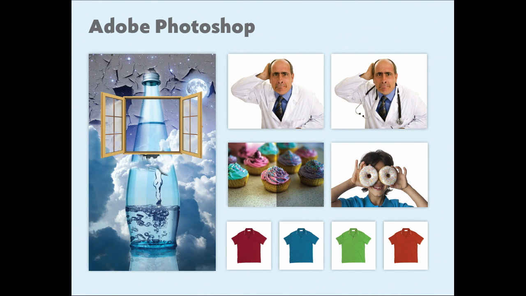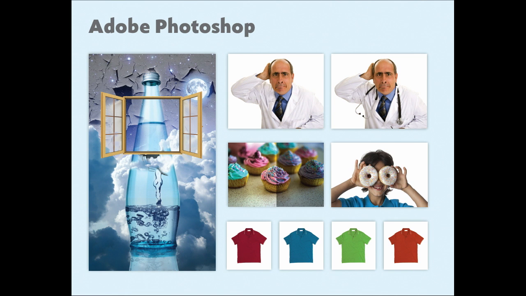At the bottom we have pictures of a shirt. It's all the same shirt, but we can go through and adjust the color on each one of our images and be able to see the differences, change, color correct, color match, all in Photoshop. In the end, we can use these photos for just about anything.